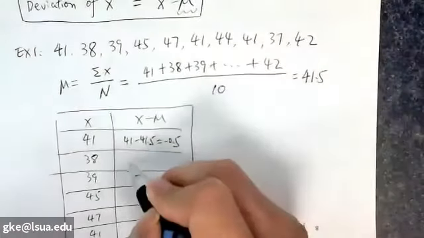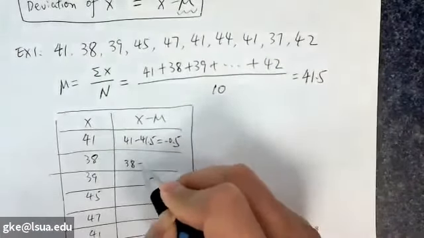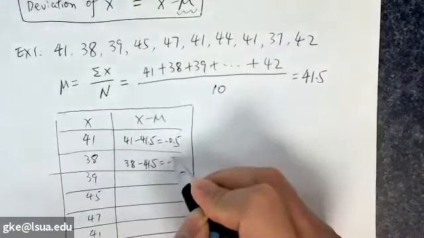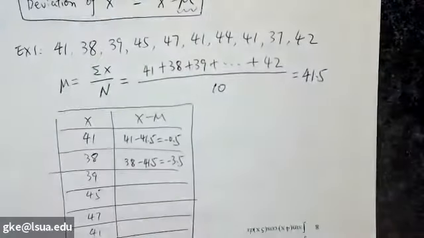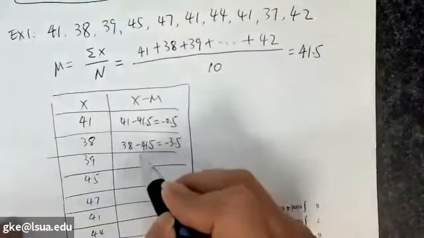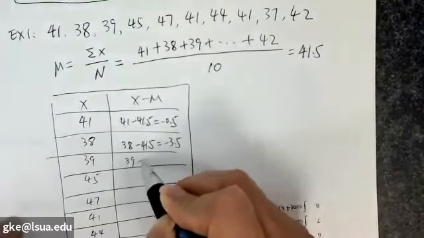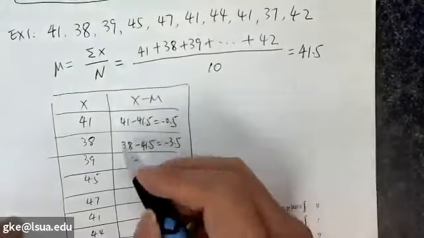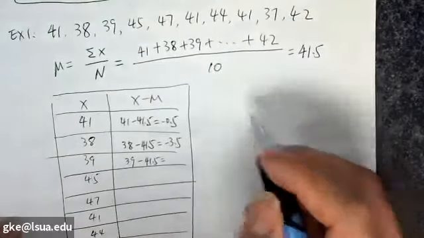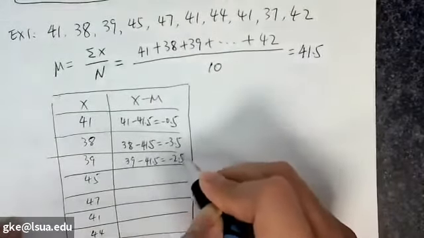And the second one gonna be 38 subtract 41.5, and this guy gonna give you negative 3.5. Okay, and the third row, 39 subtract 41.5 equals negative 2.5.